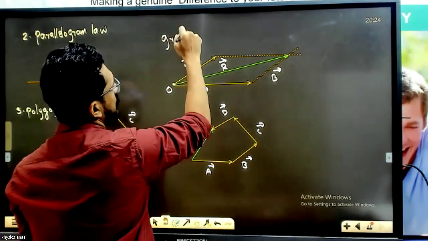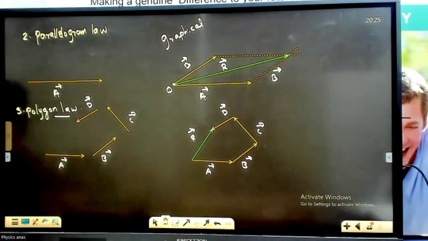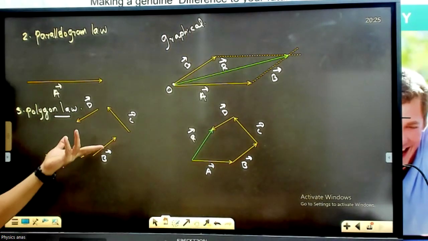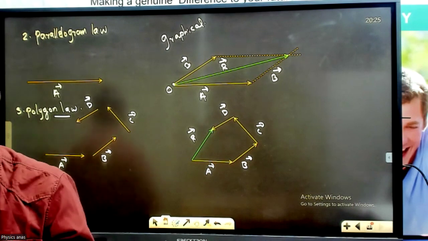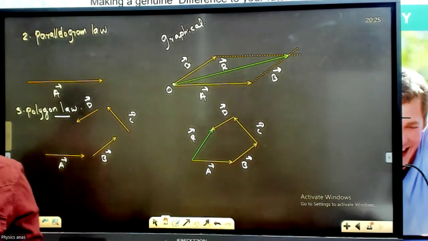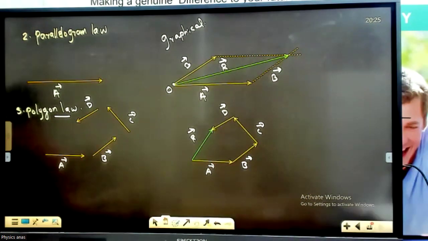Graphical method means you need to show the figures for this. But that's not practically possible every time. If you have to find the resultant every time, taking a scale and pencil is not practically possible, right?